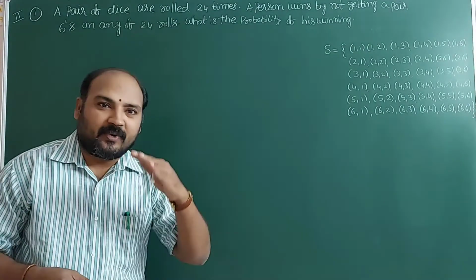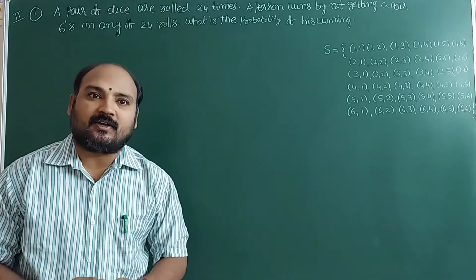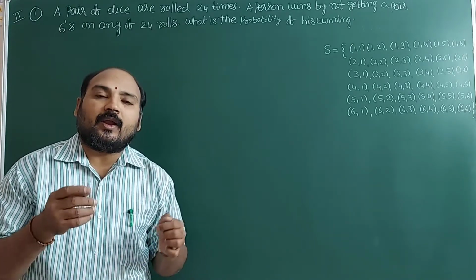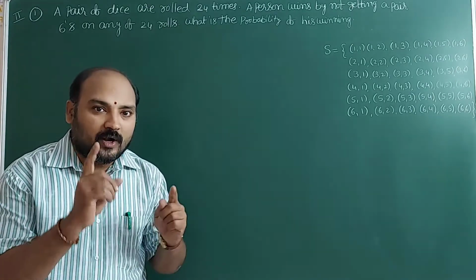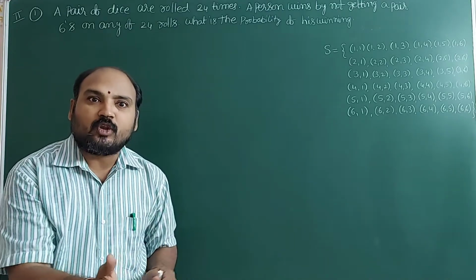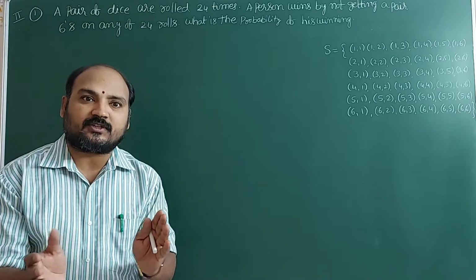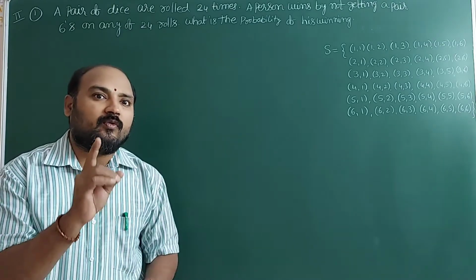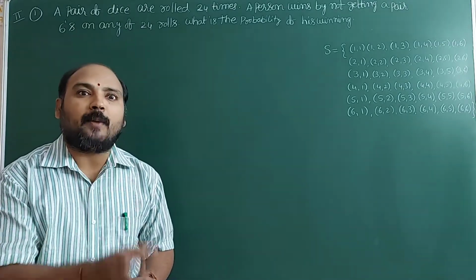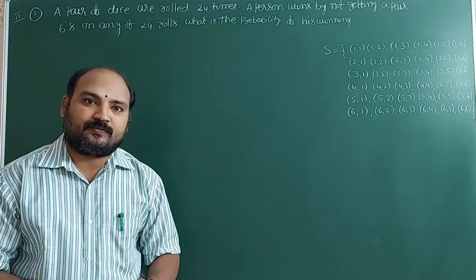We know that in the previous classes I discussed that if you throw one die, you will get 1, 2, 3, 4, 5, 6. Any one of the numbers will appear on the upper face.